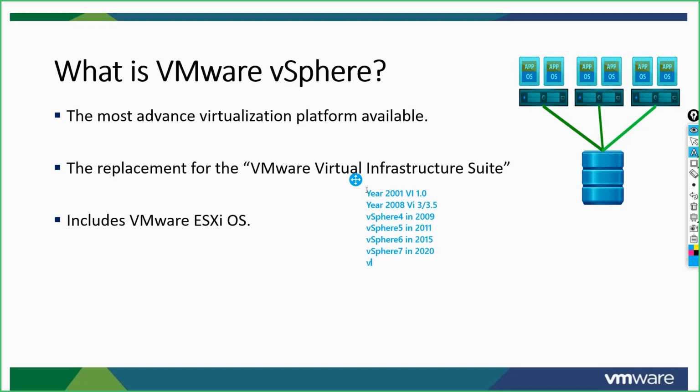Now we have vSphere 8 in the year 2023. So this is how vSphere, the virtualization product from VMware, got its popularity and got enhanced. Recently, it was acquired by a company called Broadcom.